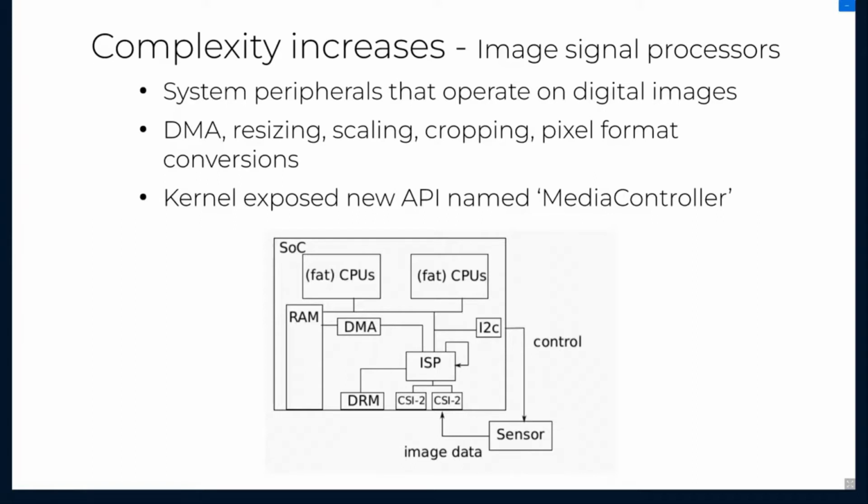In order to manage the data flow through these peripherals, the kernel exposed a new API named Media Controller. Before that, to capture video frames, there was already an API called V4L, Video for Linux, and V4L2. So that part was sorted, but the introduction of ISPs led to a need to introduce a new API called Media Controller in the kernel.